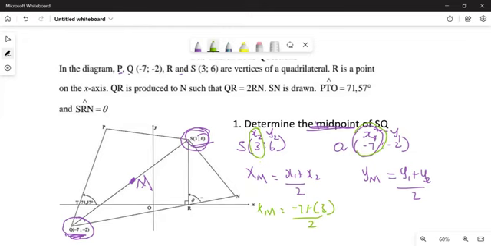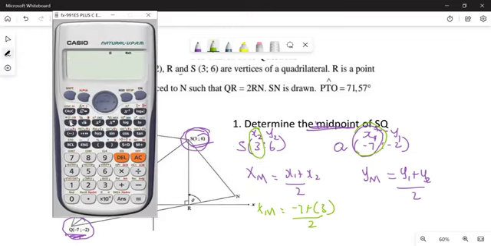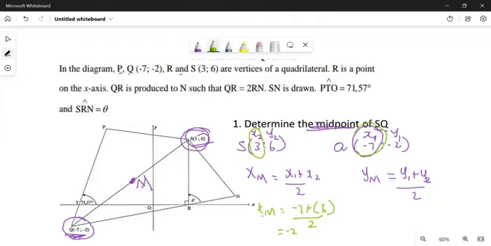If we type this in our calculator, -7 plus 3 all over 2, it gives us -2. So x of the midpoint is going to be -2.